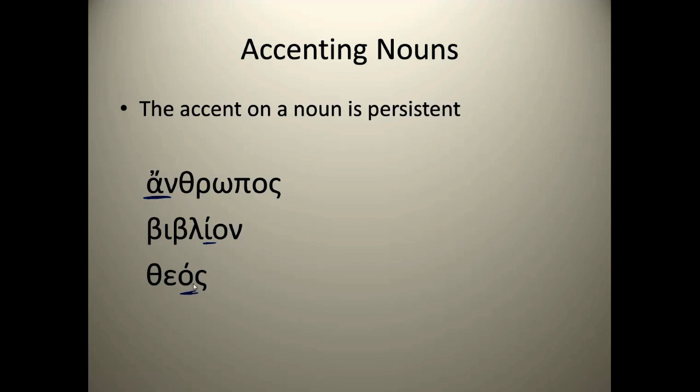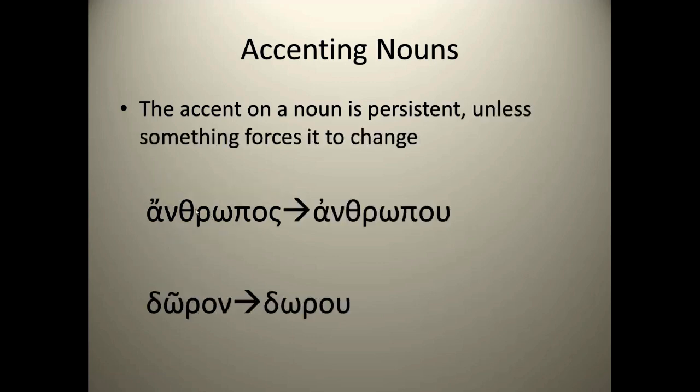Now, it will stay in these positions unless it's forced to change. Right? So the accent on a noun is persistent unless its spelling forces it to change. So let's take a look at this anthropos. This is its natural position, but when it goes into its genitive form, you'll notice the last syllable becomes long.